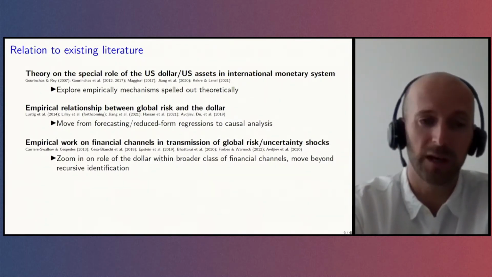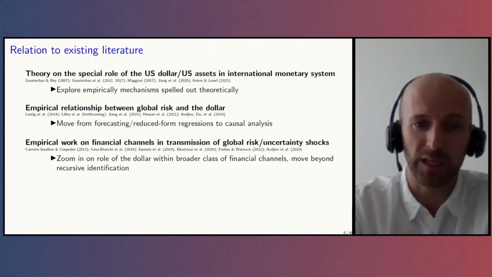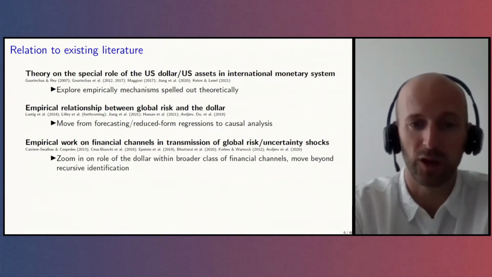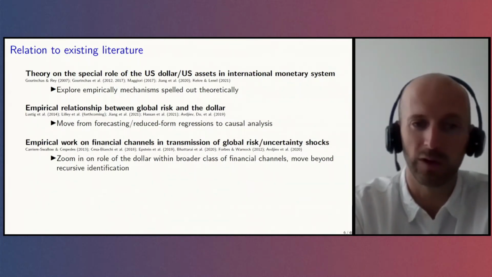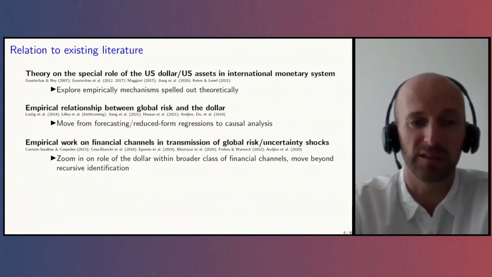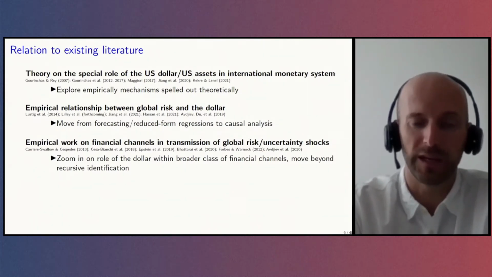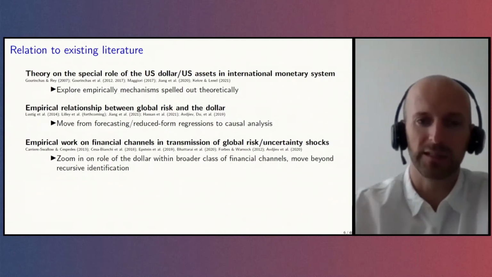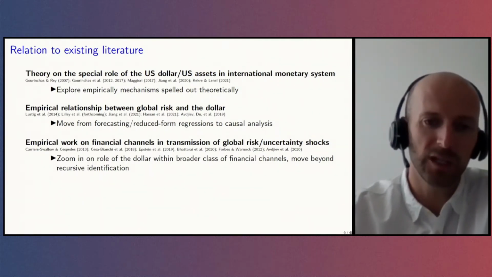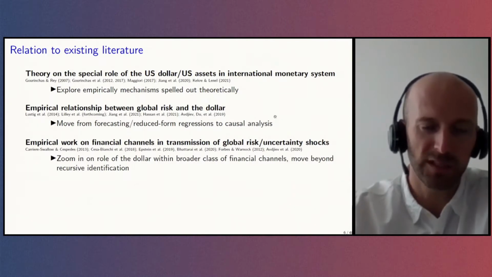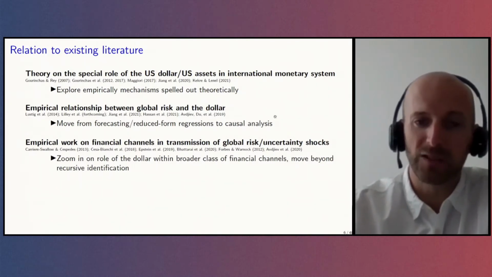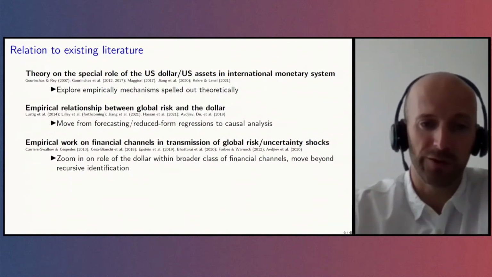Just think of the Beccari et al. paper in the JME that shows that US monetary policy is a driver of the VIX, of global risk, or this entire literature on the global financial cycle, which argues that US monetary policy is an important driver of the global financial cycle and global risk in this sense. So the identification that we're going to employ in this Bayesian proxy VAR model allows us to not impose recursiveness assumptions. And I think that's important.